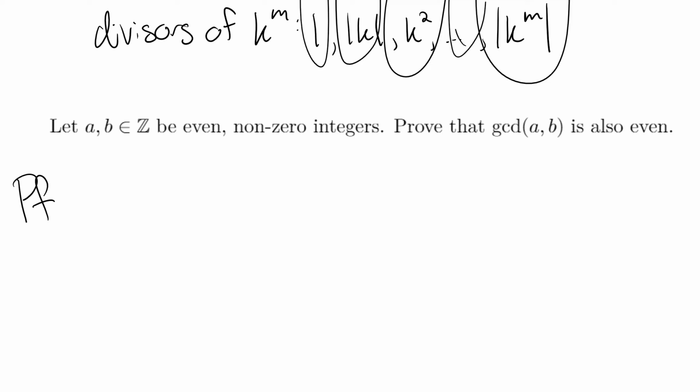Okay. So if we start with our proof, I always really like starting with definitions of things. So for A and B to be even non-zero integers, what needs to be true about them?